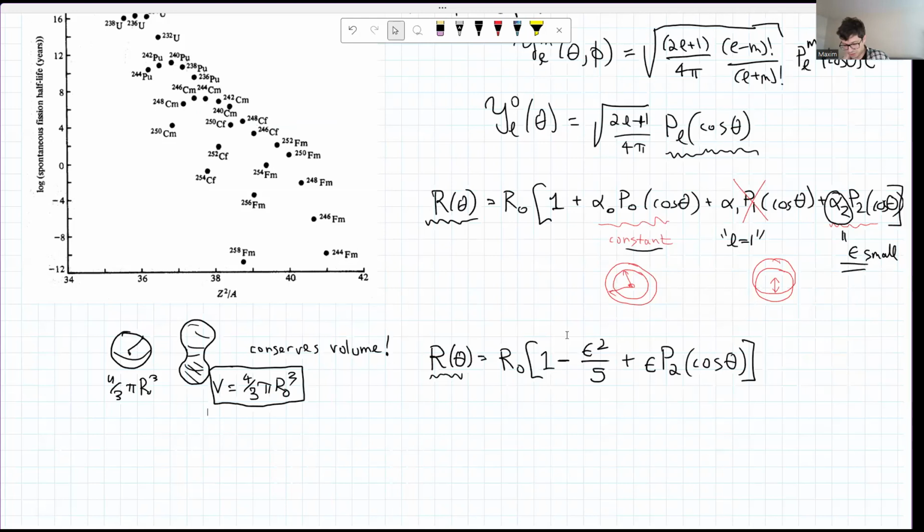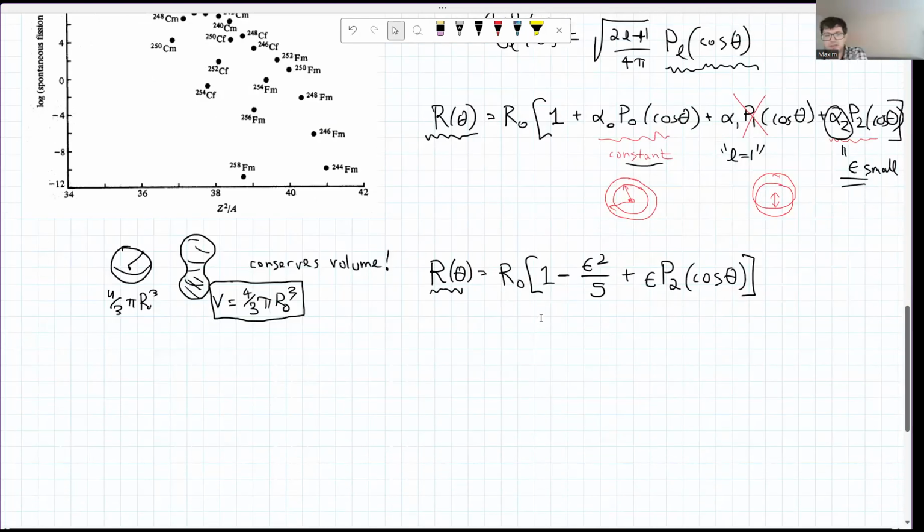So what do we know? We know we have the semi-empirical mass formula, which tells us about the binding energy. And you can recall what that is. We've got the volume term, we've got the surface area term, and we've got the Coulomb term.